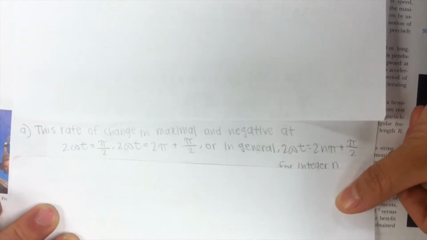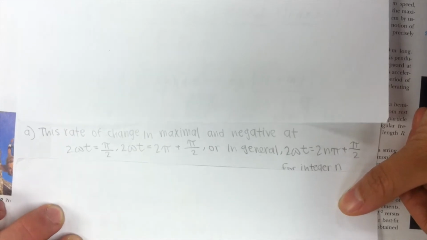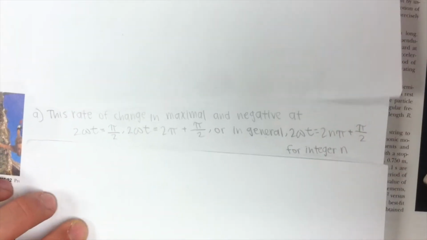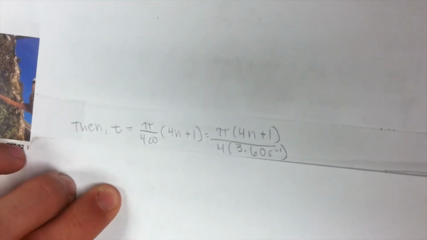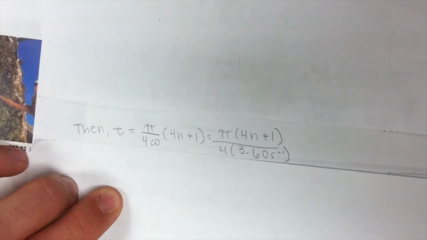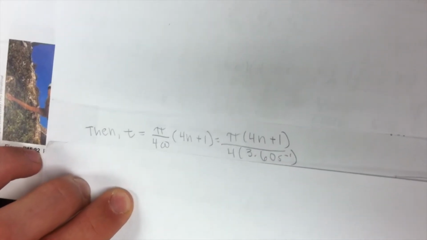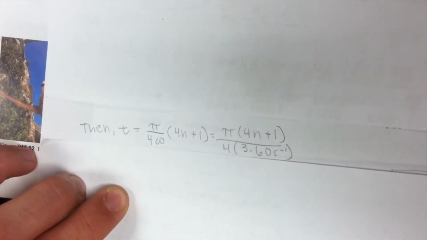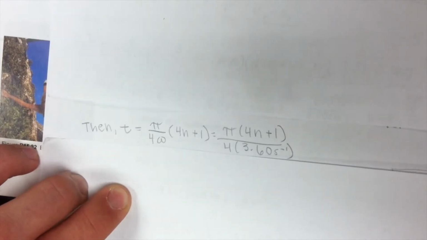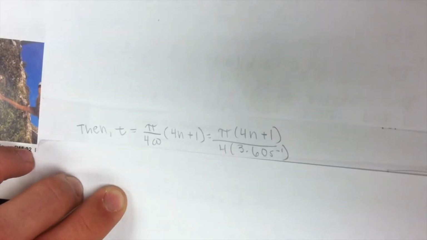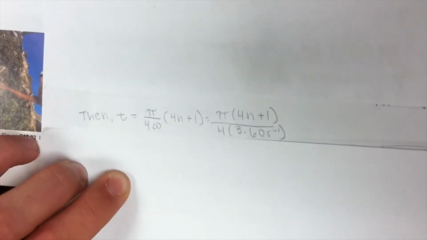We'll only focus on 0 and 1 in this case. In this case, t equals pi over 4 omega times (4n plus 1), and this simplifies down to pi (4n plus 1) over 4 times 3.6, where 3.6 is the omega value.